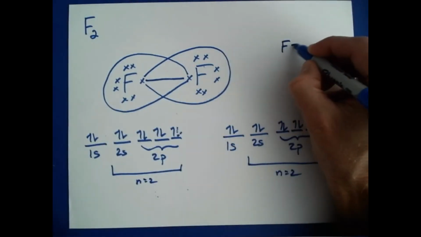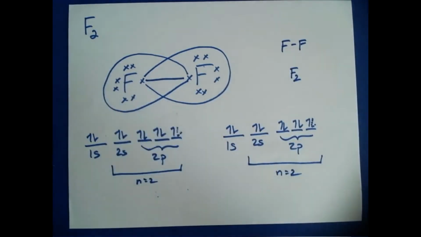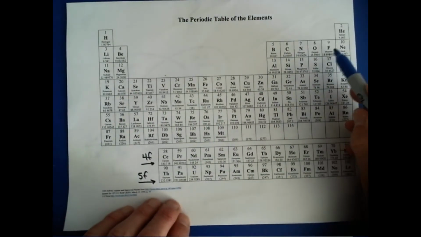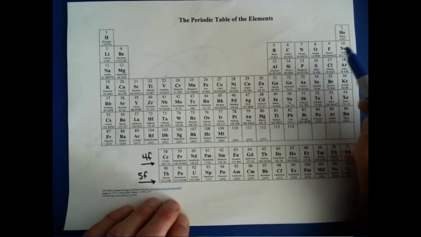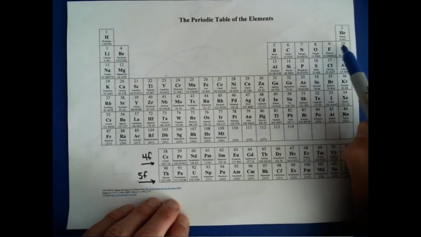So we can sometimes just draw it like this, or as you saw, we write the formula just F2. This is why fluorine is a diatomic molecule. Another way to think about this is both fluorine atoms want to gain one electron. This is a simpler way of thinking about it. Both fluorine atoms want to gain a single electron so as to gain the same electronic configuration as the nearest noble gas.